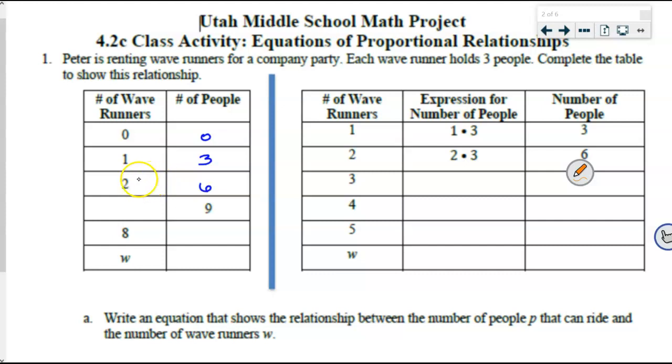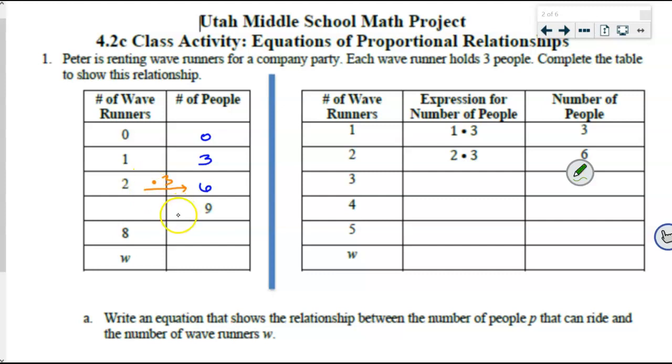What's happening, Cambria? Yes, we're multiplying the number of wave runners by 3, so I'm moving forward across this table by multiplying by 3. Again, remember, I'm color coding. Orange is the color I use for the constant of proportionality, so we multiply by 3 as we go forwards across the table.